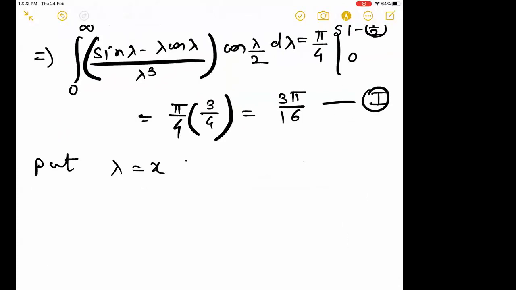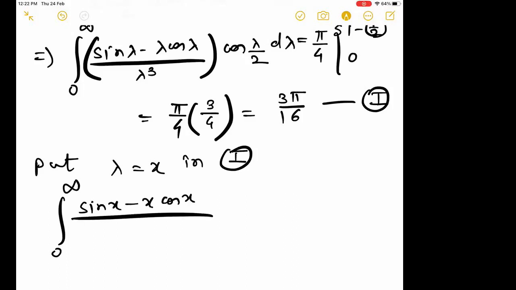I call this as I. That means integral 0 to infinity (sin x minus x cos x) upon x cube into cos of x by 2 dx is equal to 3 pi by 16. That answer we are keeping as it is.